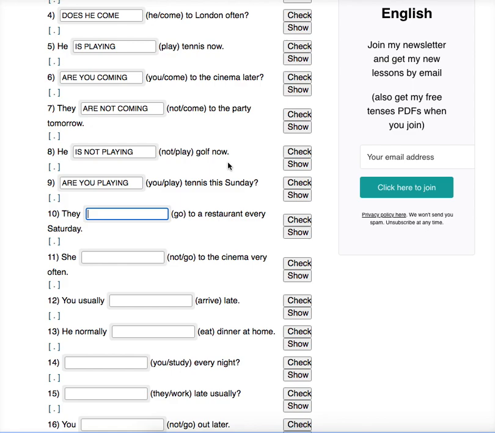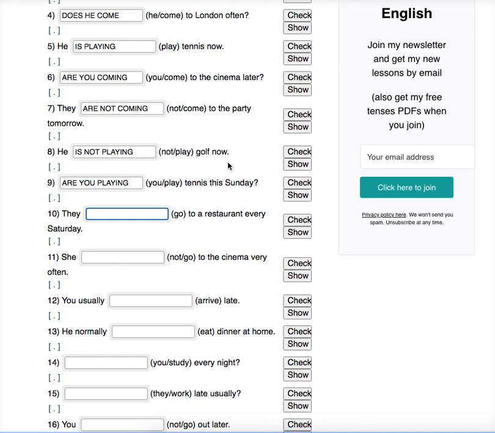They going to a restaurant every Saturday? Going? No, señora. El ing es para continuo, acuérdate. El presente simple es el verbo normal. Otra vez, dale a ver, Sophie.